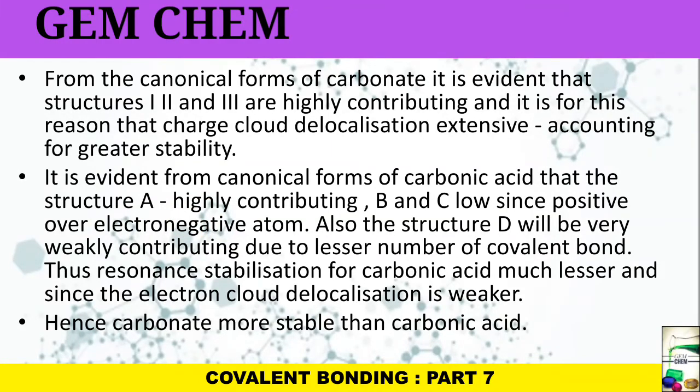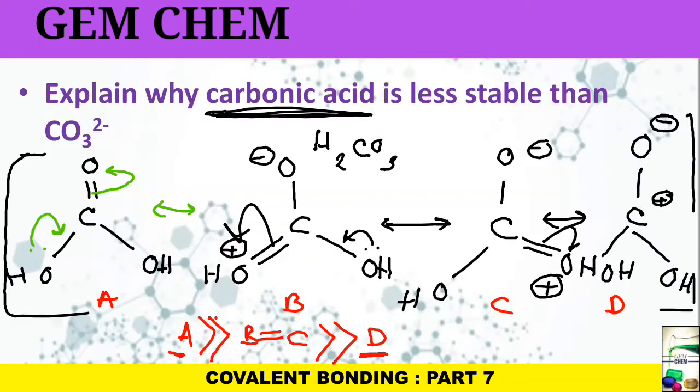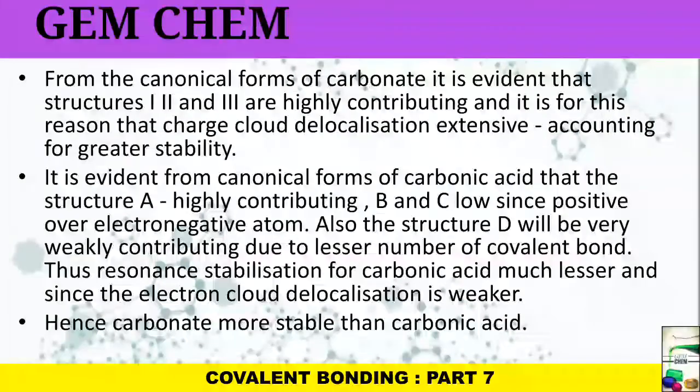Also, structure D will be weakly contributing due to the lesser number of covalent bonds, and thus the resonance stabilization of carbonic acid is much lesser, and since the electron cloud delocalization is weaker, carbonate is more stable than carbonic acid. In B and C, we can also see that oxygen, being electronegative, has a positive charge. So the contribution is decreasing for these resonance structures.